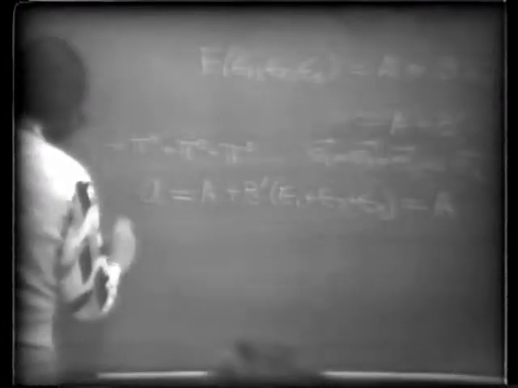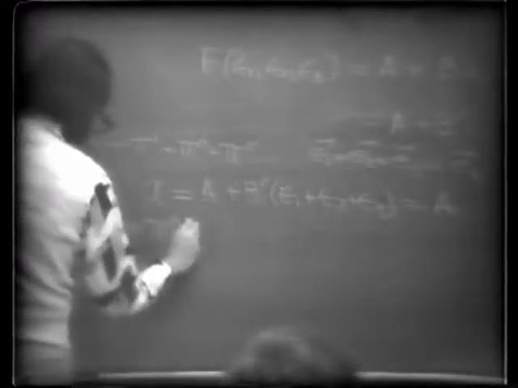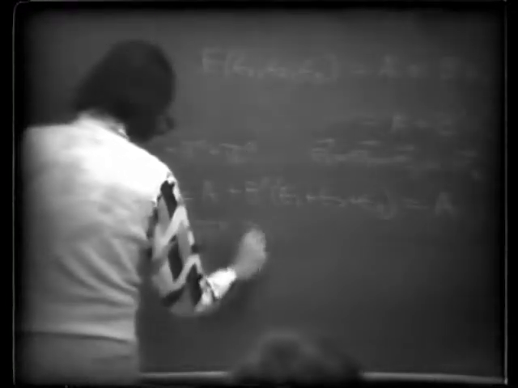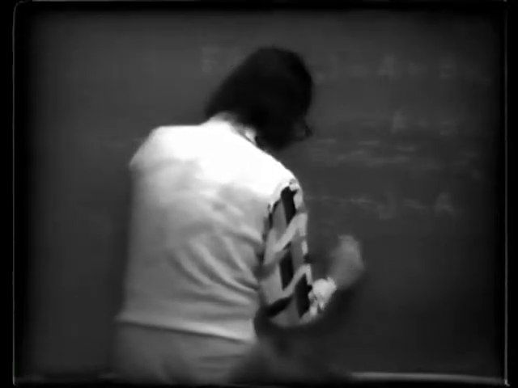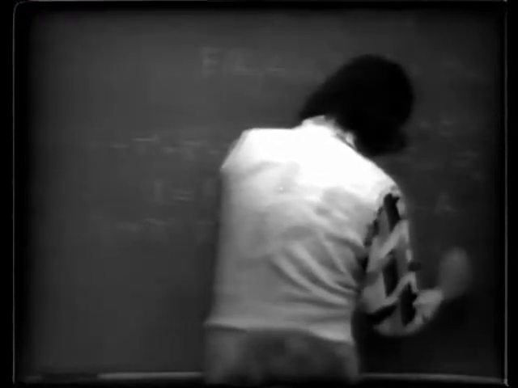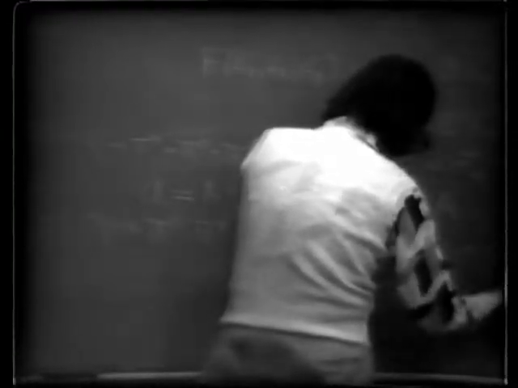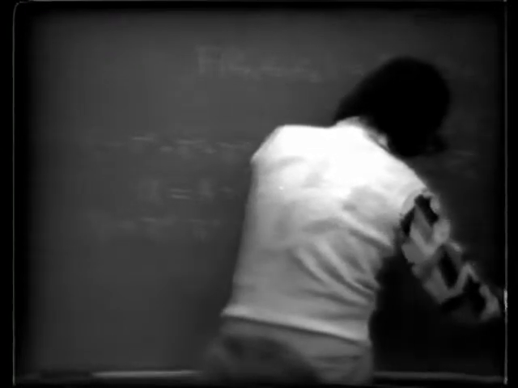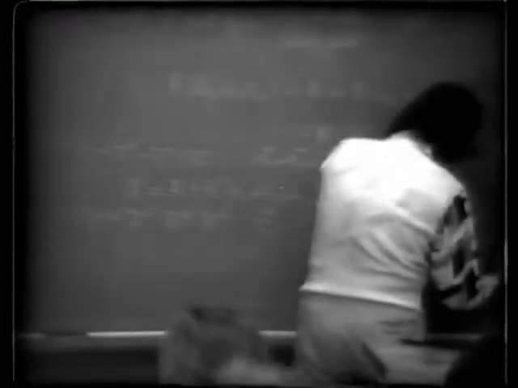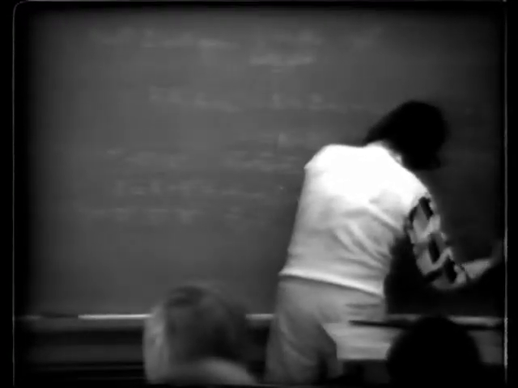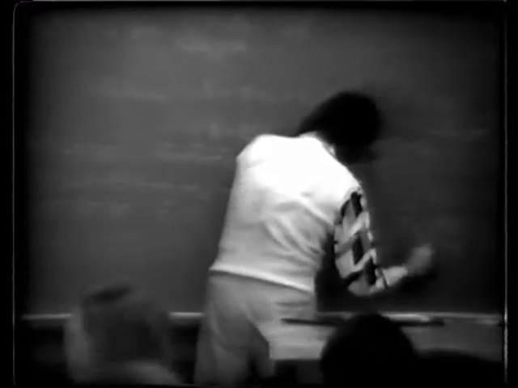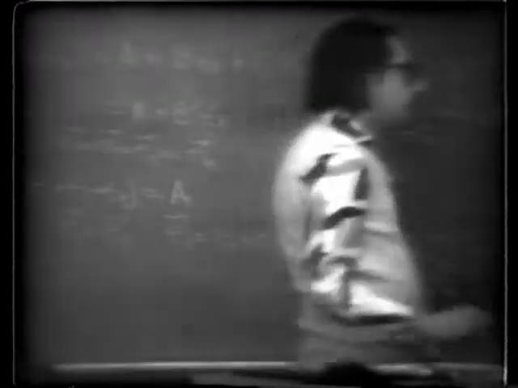For eta into pi naught, pi plus, pi minus, I choose, of course, it doesn't matter how I choose it, E1 to be E sub z, E2 equals E sub x plus i E sub y over root 2, and E3 equals E sub x minus i E sub y over root 2. Thus, the first term contributes to the amplitude.